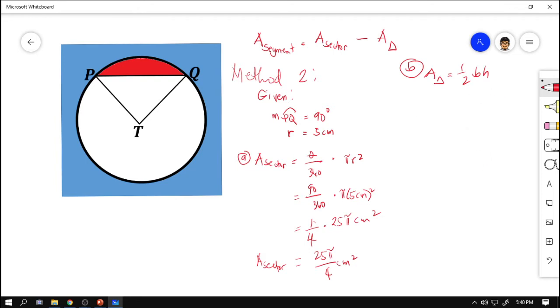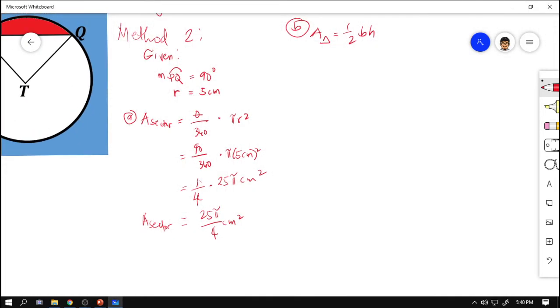Adjust natin siya. Okay. So, this is PTQ, triangle PTQ. And then, ito 90. Tama?